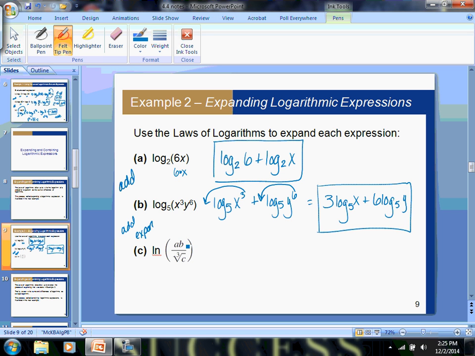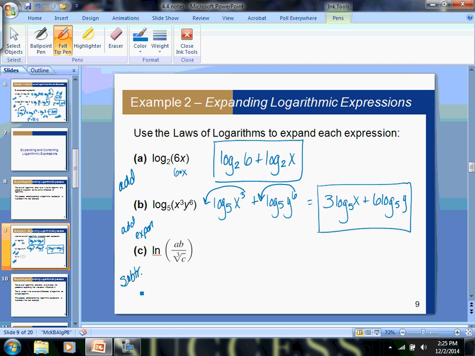Now I see division here. So normally when we have two logarithms that are subtracted, we combine them together with division. So if we're going to expand the division, that means that we're going to have to subtract. And then we're actually going to break apart this a times b. There's multiplication up there that we could break apart.